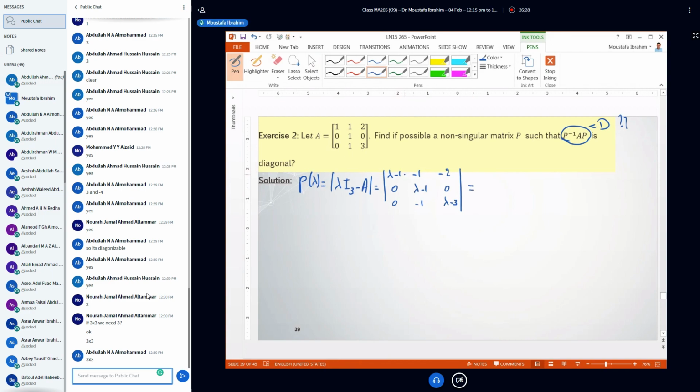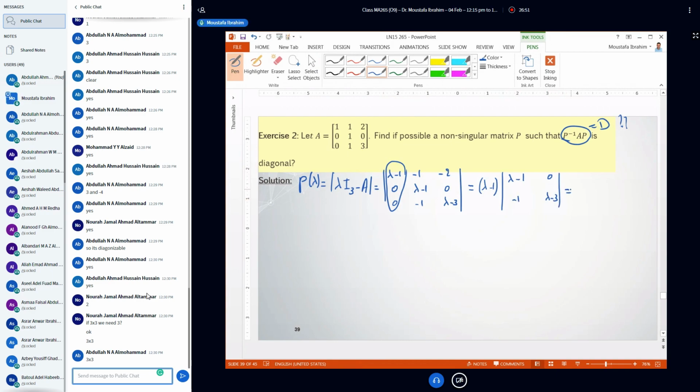Now we do cofactor expansion along the first column. It has 2 zeros, or we can take the second row, no problem. We take the first column, so we get lambda minus 1 times the determinant, hiding the first row and first column. So we get lambda minus 1, 0, minus 1, lambda minus 3.